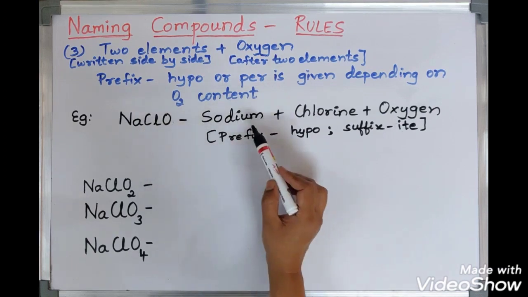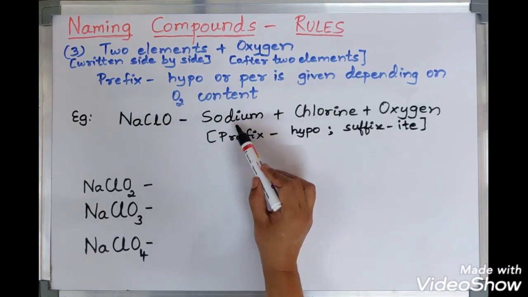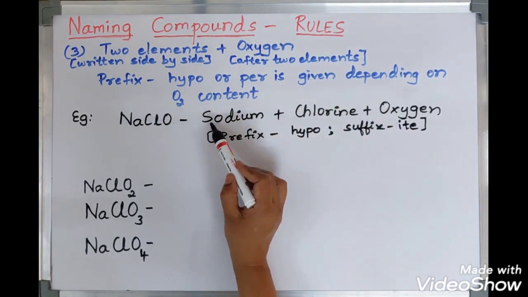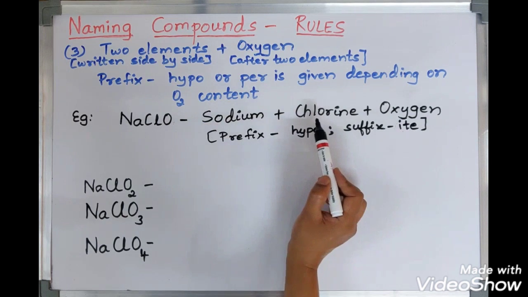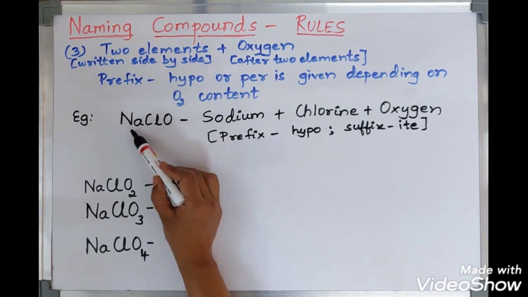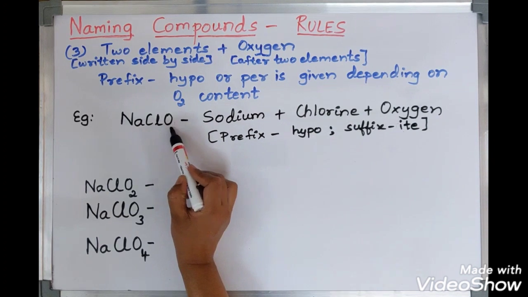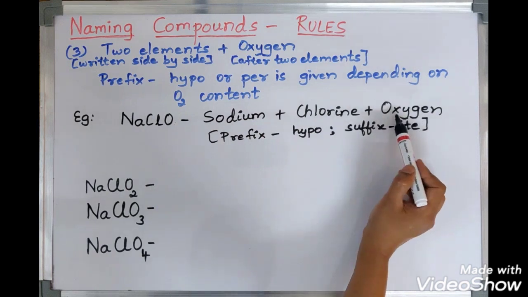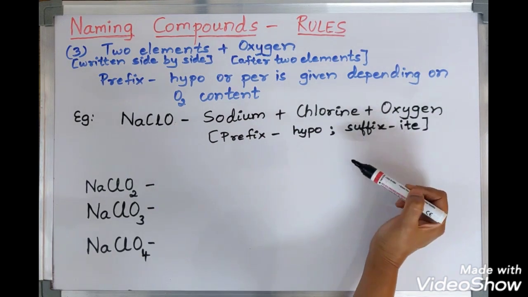NaClO. Here we have 3 atoms, sodium, chlorine, oxygen. Now we are first writing sodium and chlorine. You see in the chemical formula also we have sodium and chlorine, 2 elements, and after which oxygen is written. But while writing the name, we write this oxygen as the prefix.